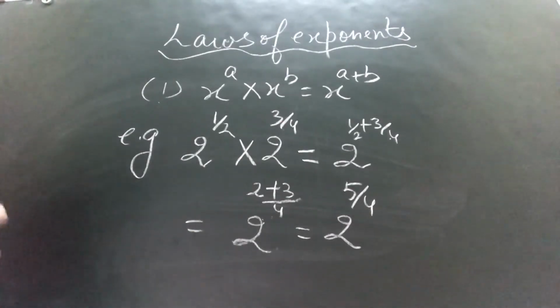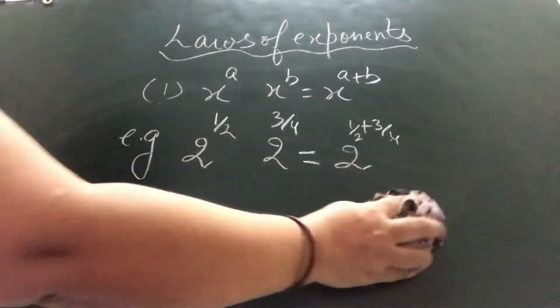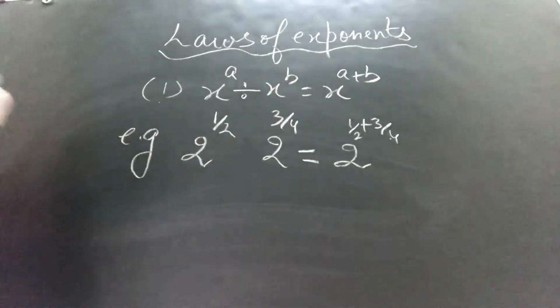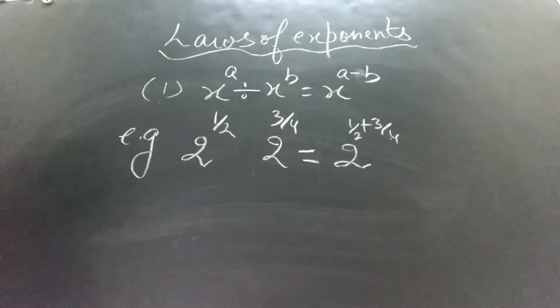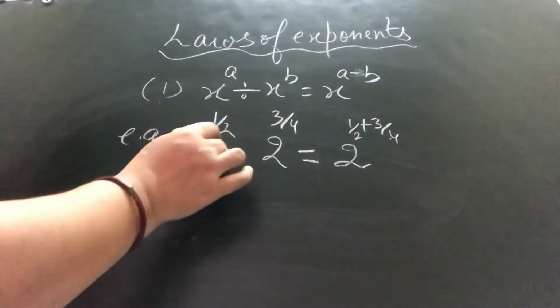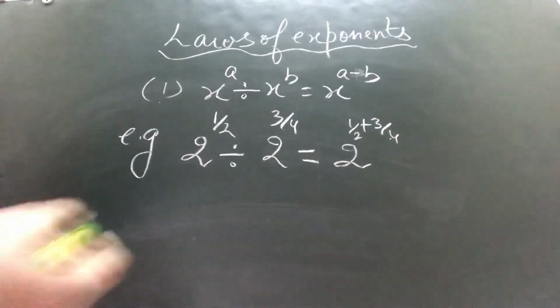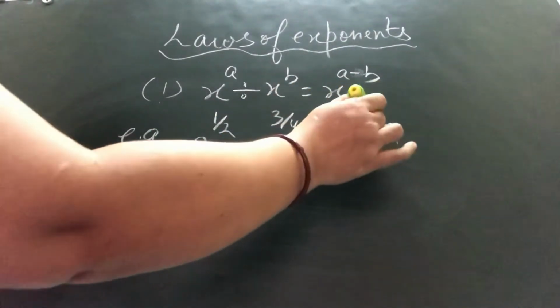Similarly, if we are revising the second law, we replace this multiplication by division, then the powers subtract according to second law, right? So here, continuing with the same example, I have taken division sign, then powers subtract.